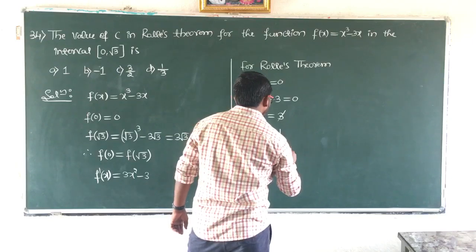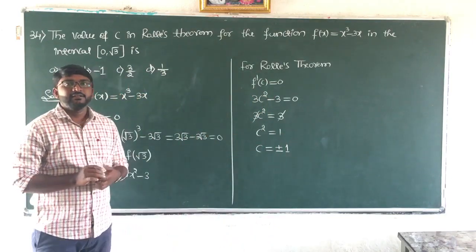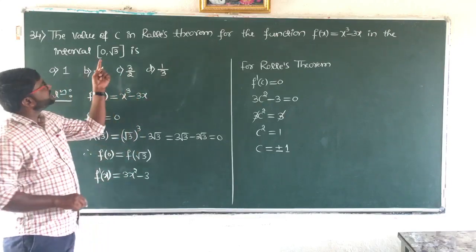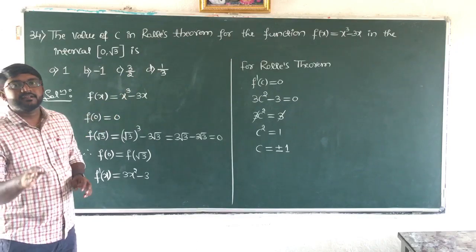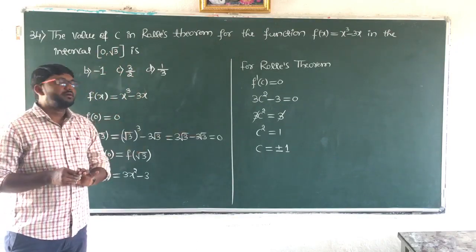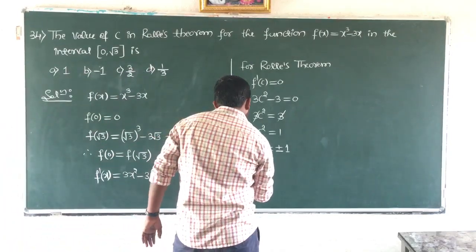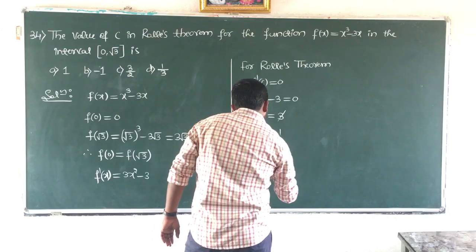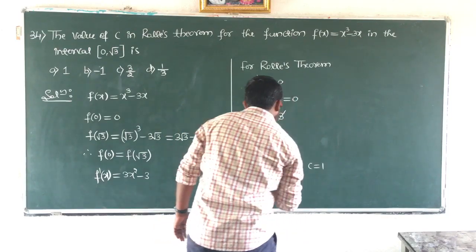So we have got two values of c now. Which one are we going to consider? So look at the interval. It is the closed interval 0 comma root 3. That means minus 1 does not belong to this interval. So we have to take c equal to plus 1. See here, this implies c equal to minus 1 and c equal to plus 1.